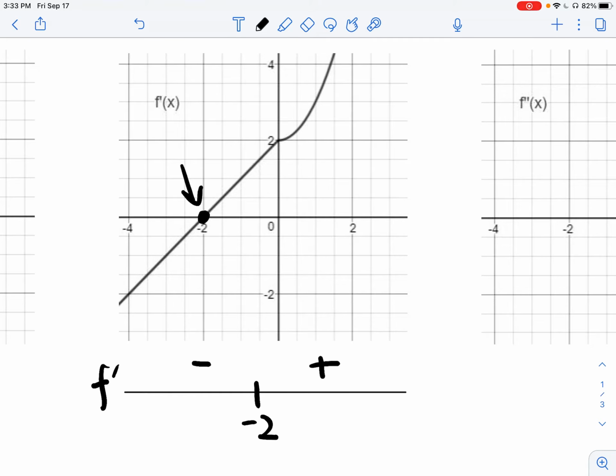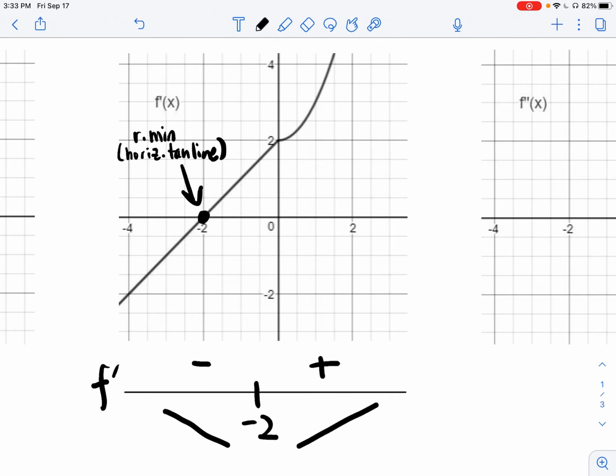Specifically, we can take that a step further. We know that -2 is the x value that causes our derivative to be equal to 0. If our derivative is equal to 0 and there is a sign change, that means there's a change in behavior. The function goes from decreasing to increasing. Therefore, this point at -2 is also a relative minimum that will have a horizontal tangent line.